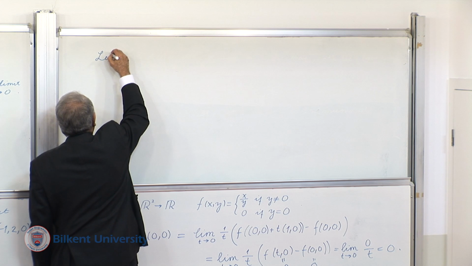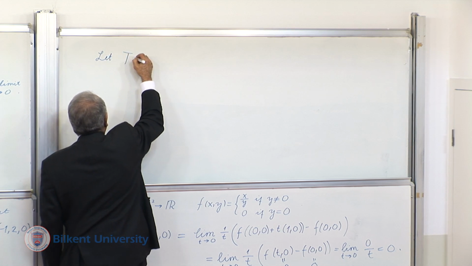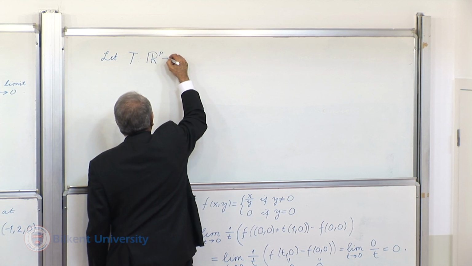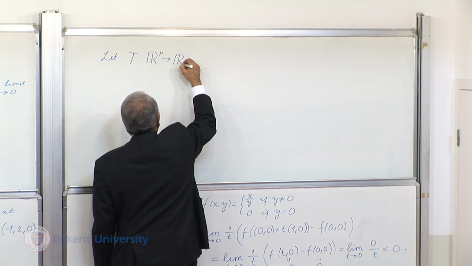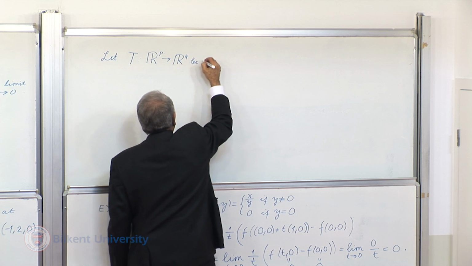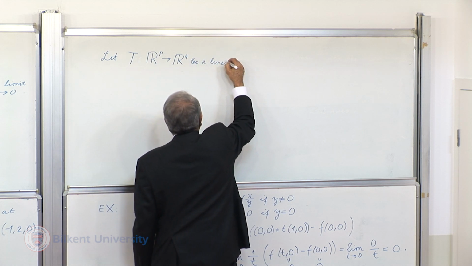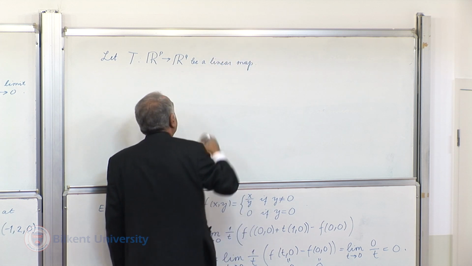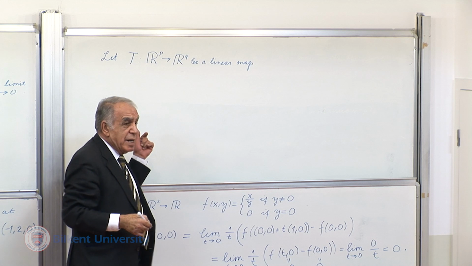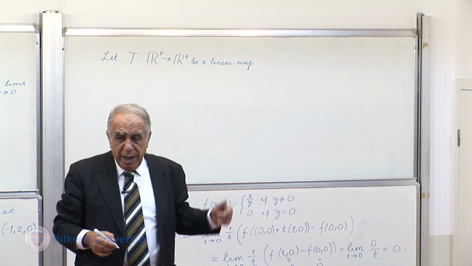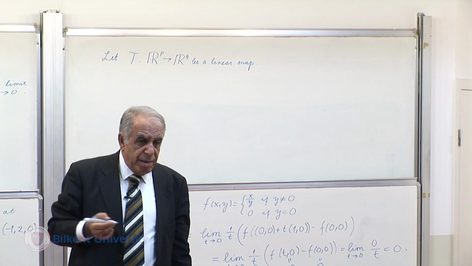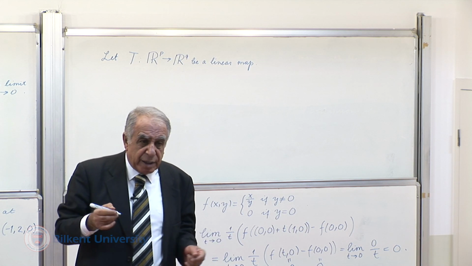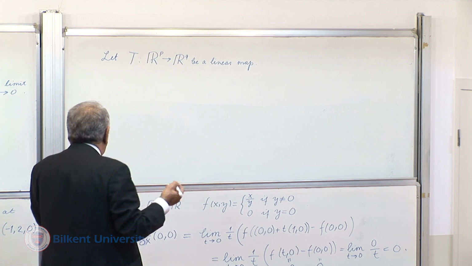Now, let T on Rp to Rq be a linear function or a linear map. Makes no difference. Well, then we can represent this linear map by a q by p matrix with respect to the standard basis vectors, but that's not only the case.